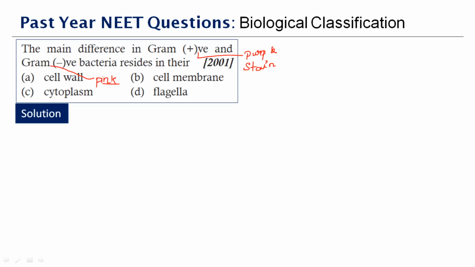If we have to view a bacteria, or any kind of organization, their internal structure, whatever it might be, we require a special methodology so that we can view it under the microscope. That is why they use something called a staining technique.